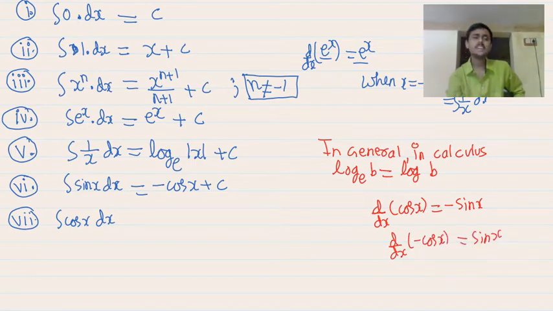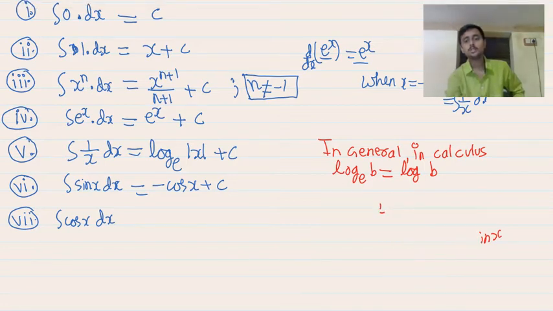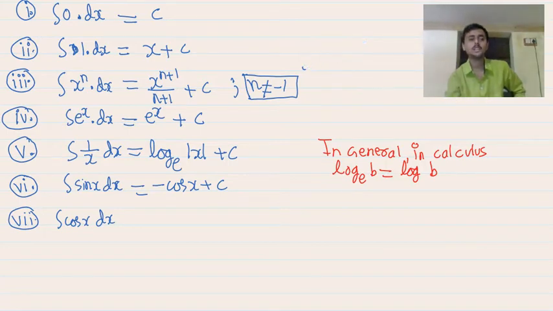And we can verify each and every formula in this manner. I'm not going to verify every formula right now, so I will be writing down the rest of the formulae without any justification. The integration of cos x is sin x plus c.